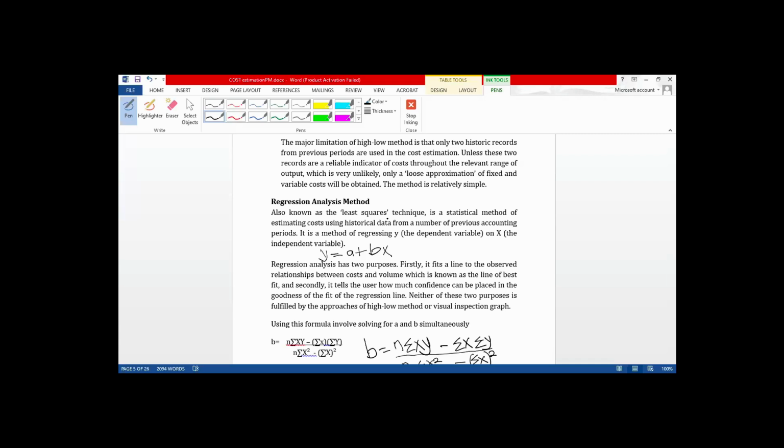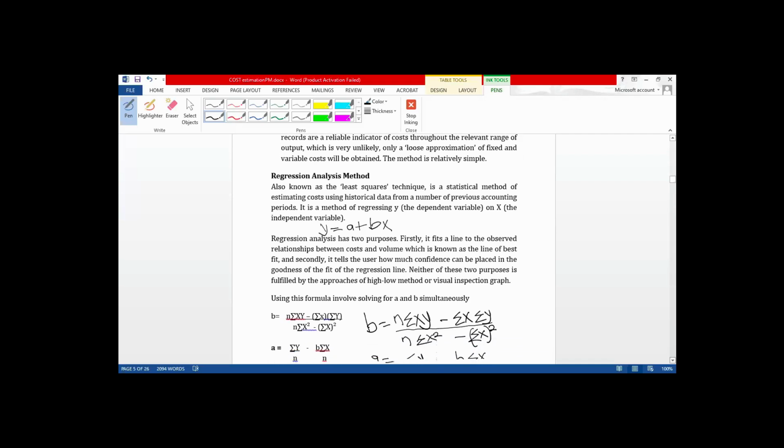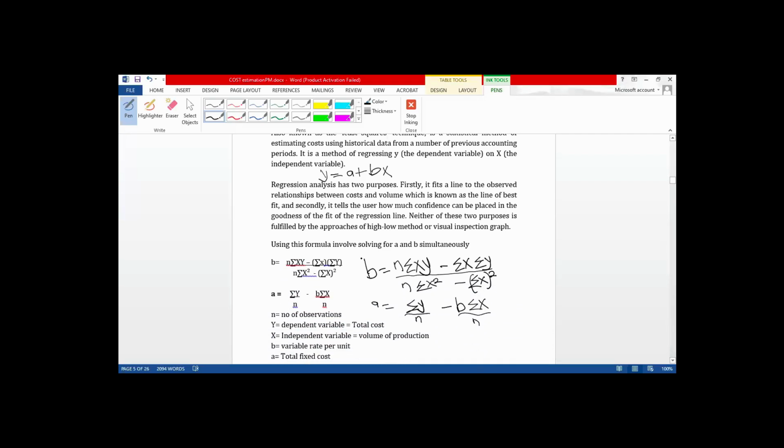It's a method of regressing Y, dependent variable, on X, independent variable. The formula for solving A and B, look at it. To solve for A, this is the formula. To solve for B is there.